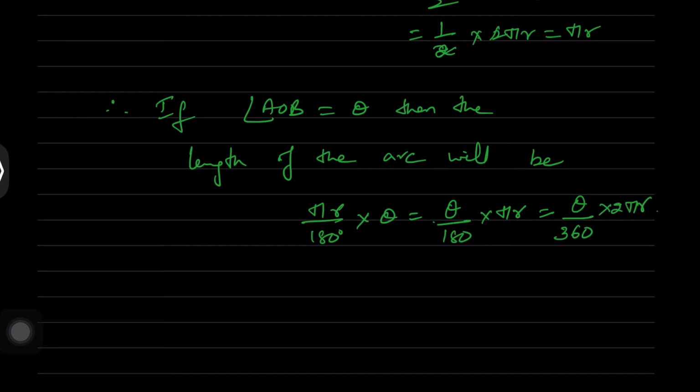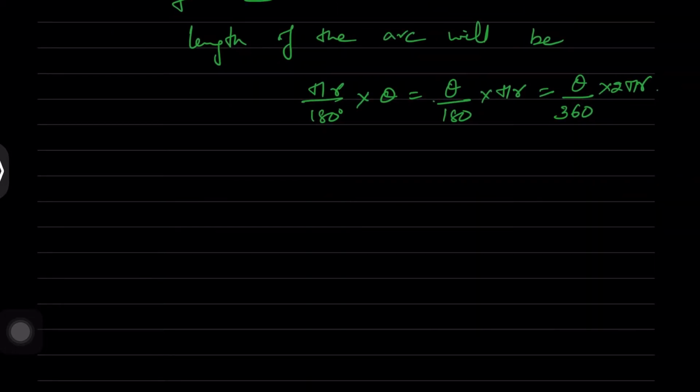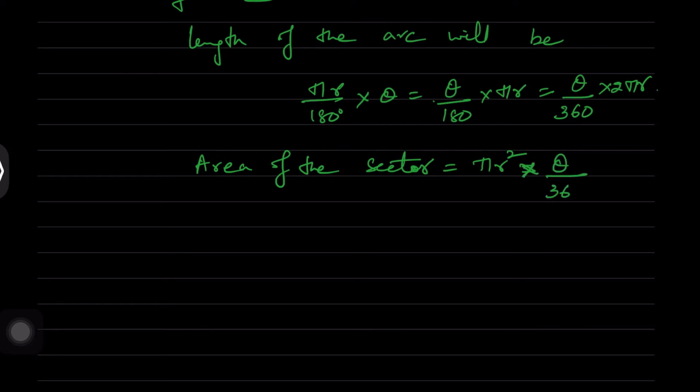That is, we are multiplying by 2 in the numerator and denominator. Hence the area of the sector is equal to pi r square into theta by 360 degrees. So this is the way we find the area of a sector. The length of the arc is theta by 360 into 2 pi r. Whatever theta is, whether the angle is 60 degrees, 40 degrees or 50 degrees, we put it in the place of theta.